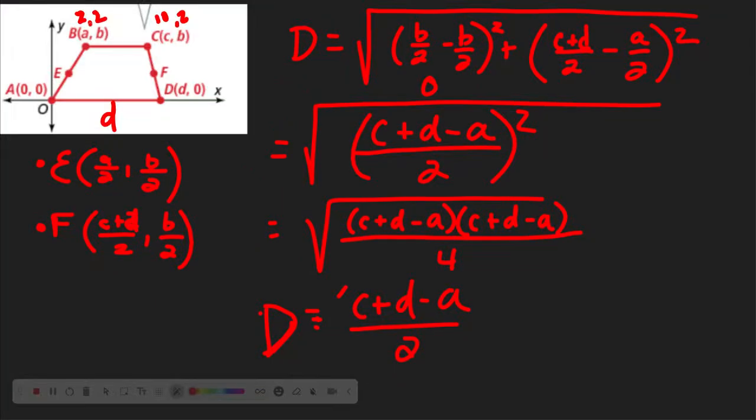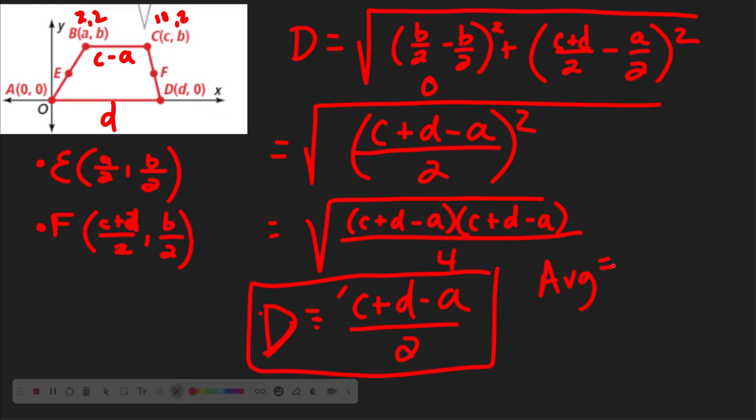Wouldn't it be 8? 10 minus 2? So our top length is just C minus A. And what are we trying to prove? We're trying to prove that this distance, which we just found, is the same as the average of the bases. So let's find the average of the bases. It would be D plus C minus A divided by 2.